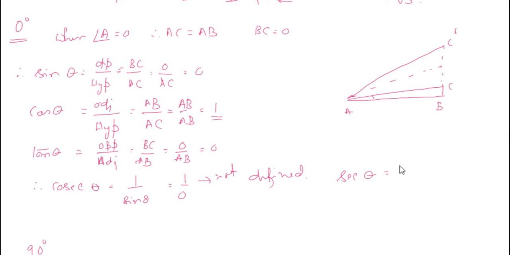Secant 0 is 1 by cos 0 is equal to 1 by 1 is equal to 1. This value is 1. Last one, cot 0. Cot 0 is 1 by tan 0, that is equal to 1 by 0. This value is also not defined.